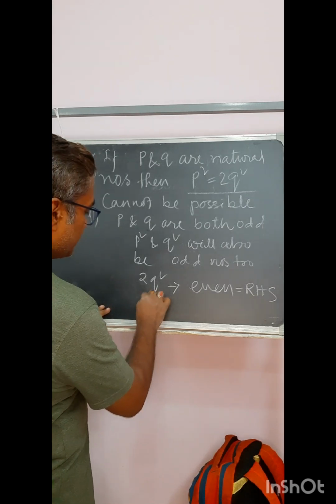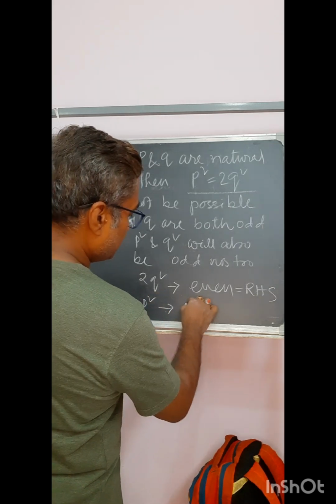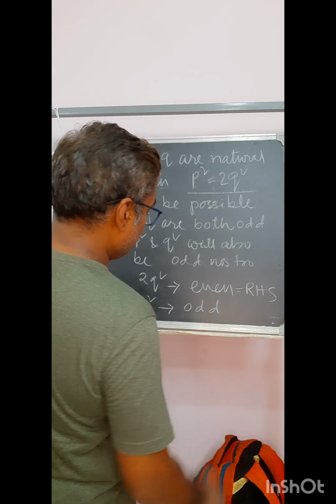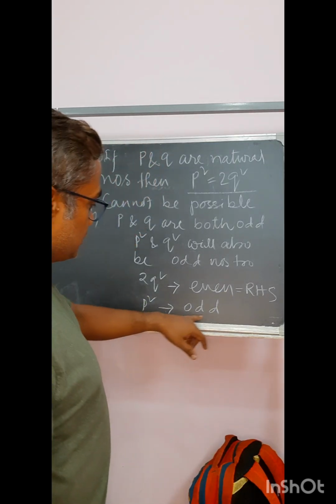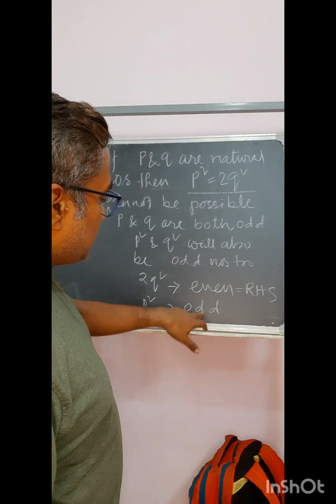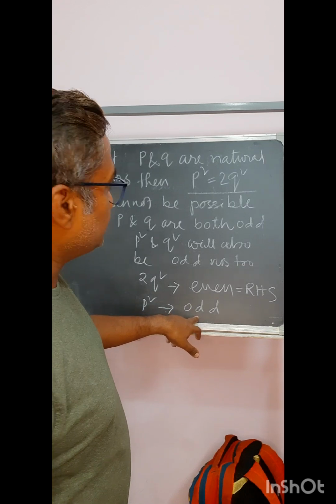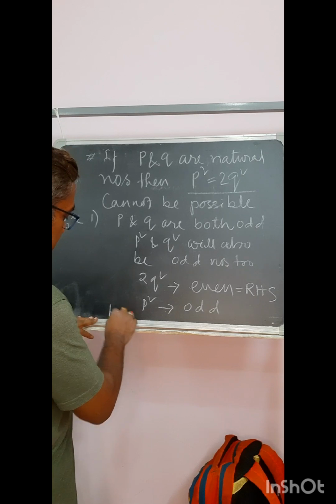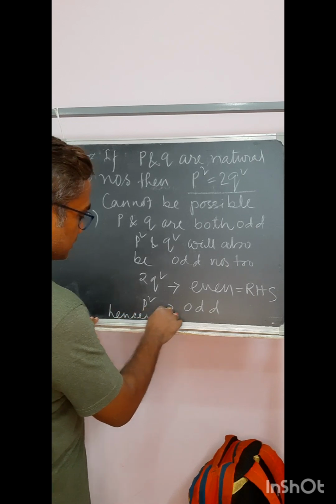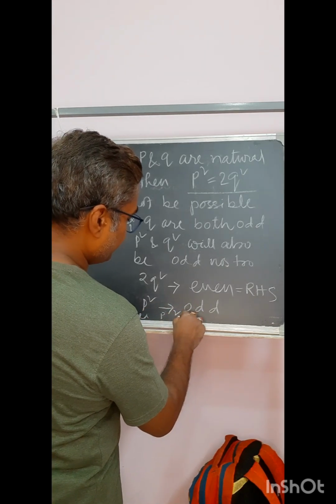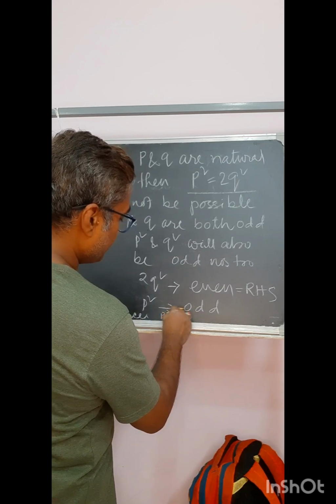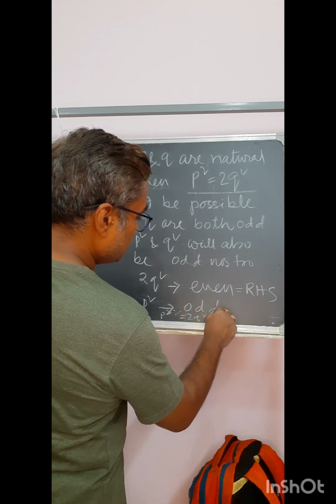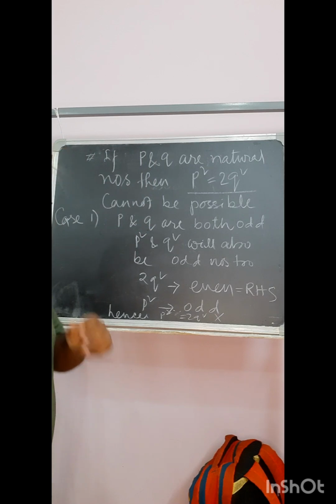Whereas P square, when P is odd, is odd. Any even number cannot be an odd number, they cannot be equal. So hence we can say for the first condition, P square equal to 2Q square is not possible.